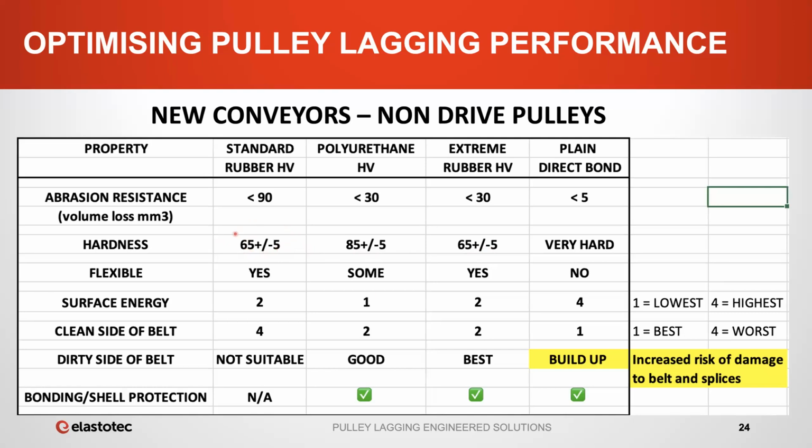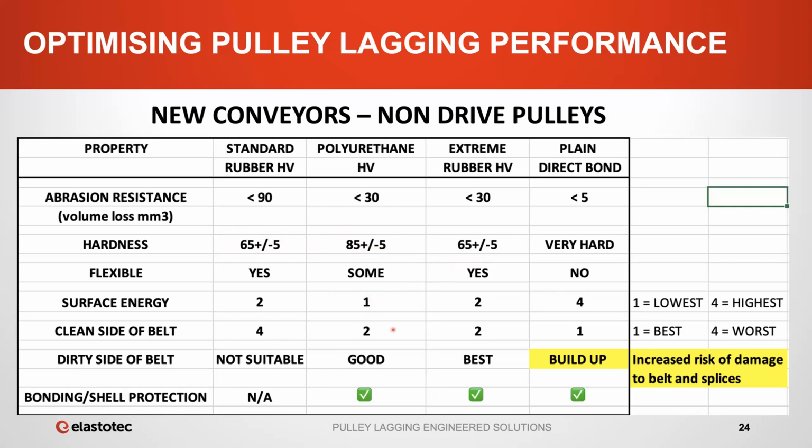We talked about flexibility before, so hardness. The most flexible laggings are rubber, standard rubber or extreme rubber, and then polyurethane. Polyurethane is more flexible than ceramic. If we then look at the different laggings in relation to surface energy, polyurethane has the lowest, ceramic the highest.